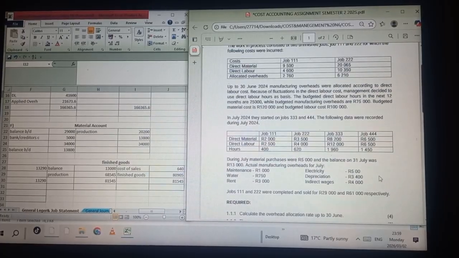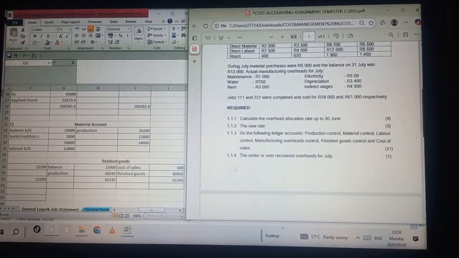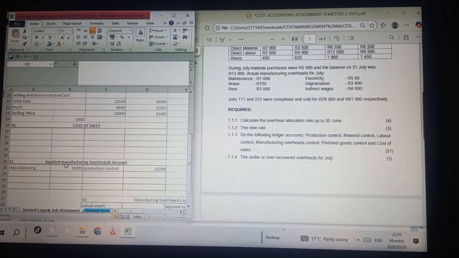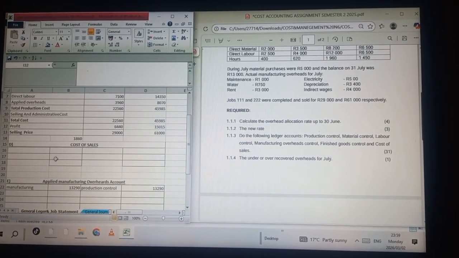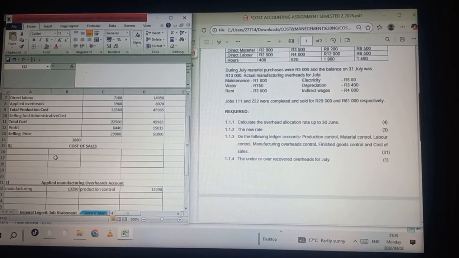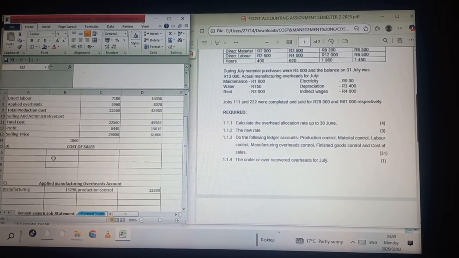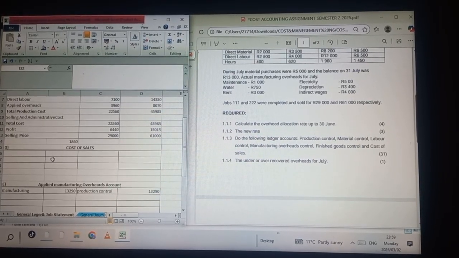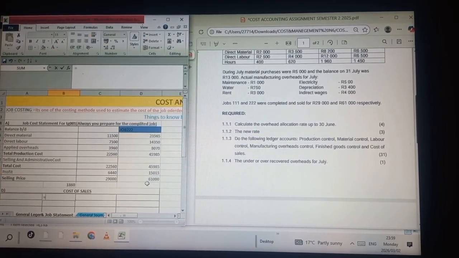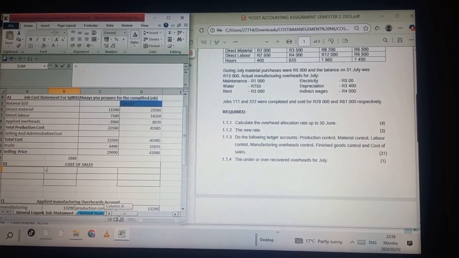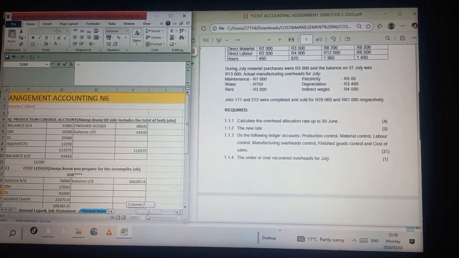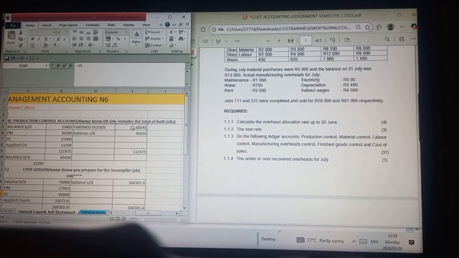And then they say you should prepare cost of sales. This is the last year account. Cost of sales. We have it in our finished goods account, and also in our production.